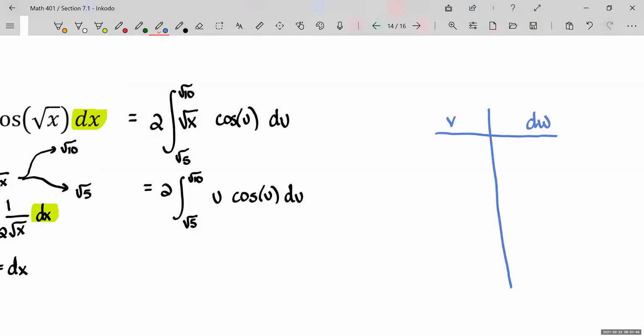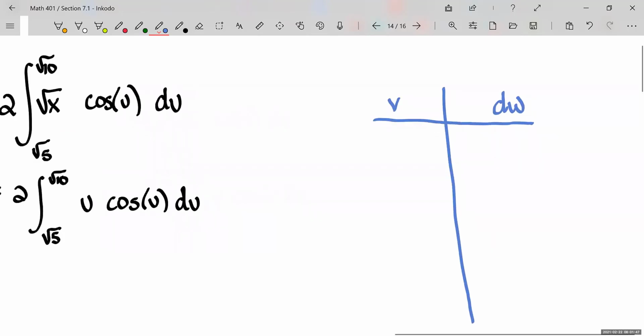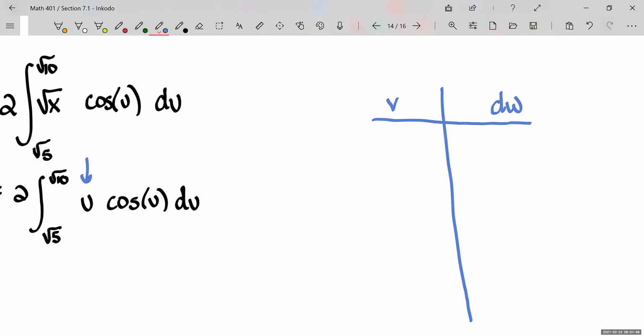I'll build my little table here and look at these two pieces. You're going to differentiate one and integrate the other. The one you're going to choose to differentiate is the one that will disappear. So I'm going to let u be the thing I differentiate, and its derivative will be 1, and the derivative of that will be 0.